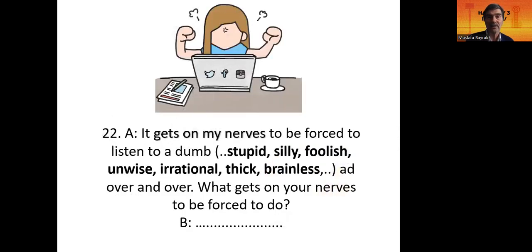Okay, 22A. It gets on my nerves means I feel angry, as it is in the image. It gets on my nerves to be forced to listen to a dump. Dump means stupid, silly, foolish, unwise, irrational, thick, brainless person. Dump is a person, a character, here without emotions.